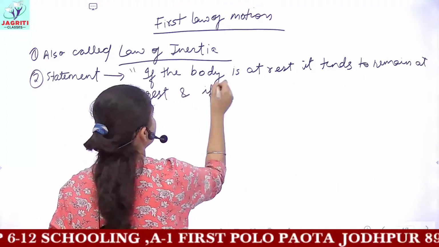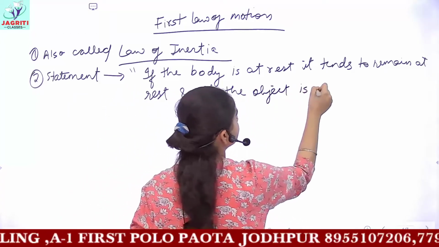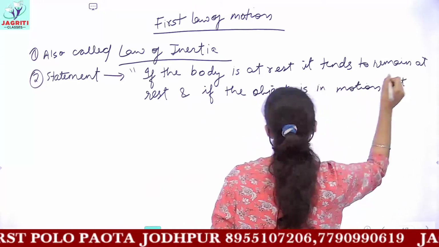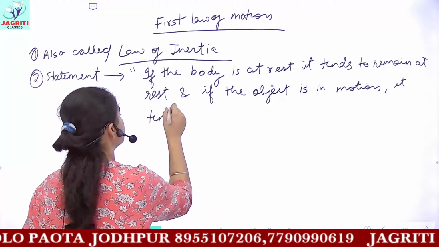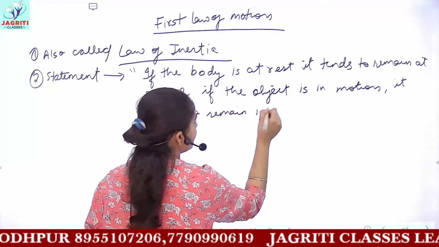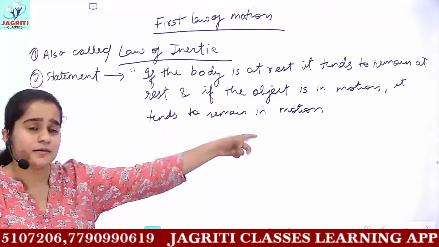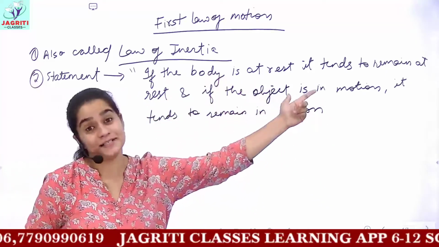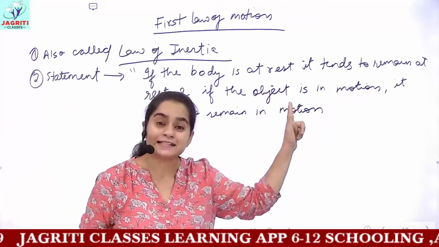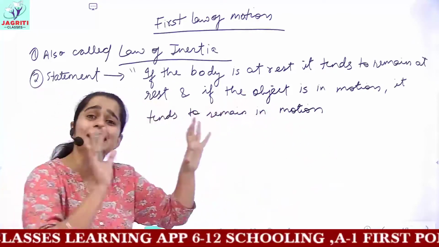And if the object is in motion, it tends to remain in motion. So this is the statement of inertia. This is how we defined inertia: if the object is at rest, it tends to remain at rest, and if the object is in uniform motion, then it tends to maintain the same motion.